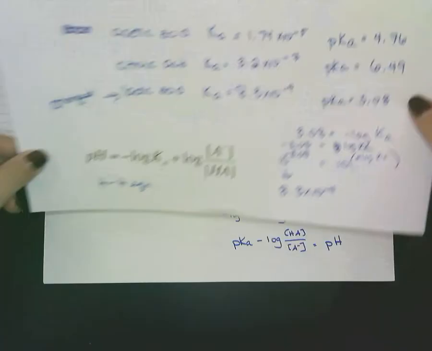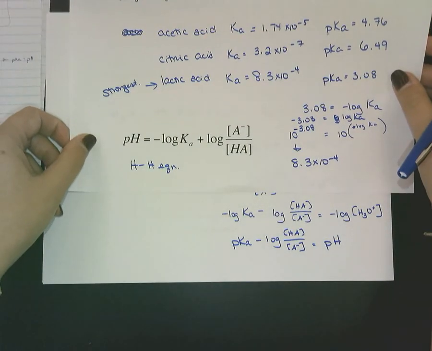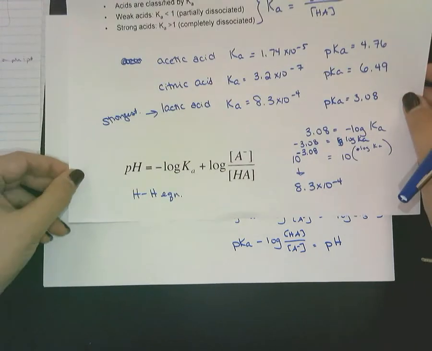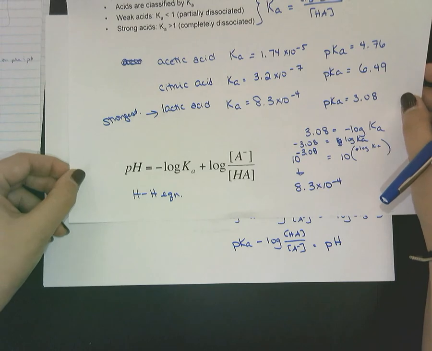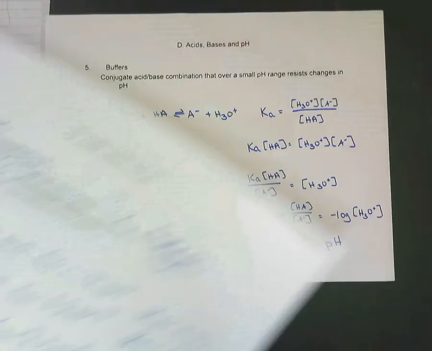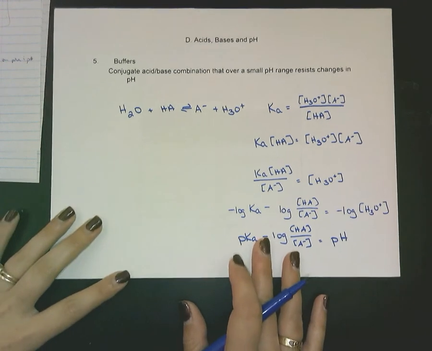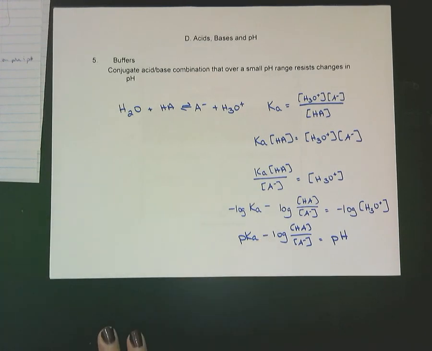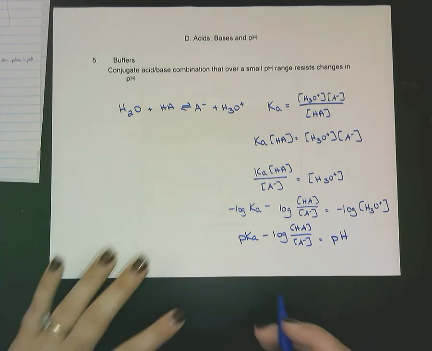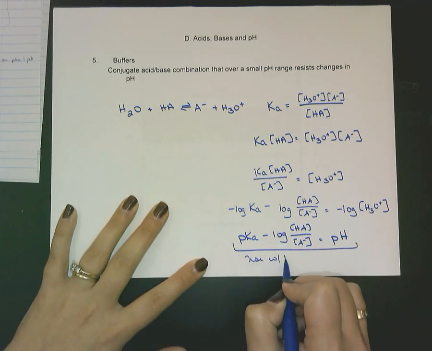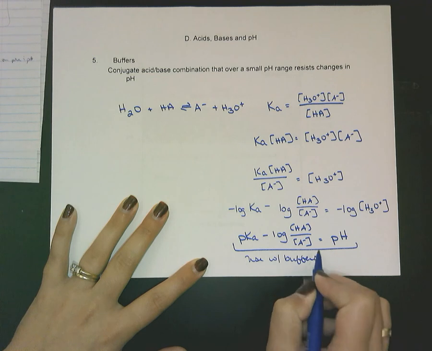Look what you just made. The Henderson-Hasselbalch equation. Look at that, in just 5 easy steps you got from an equation to the Henderson-Hasselbalch equation. Okay, this is going to be our use with buffers equation.